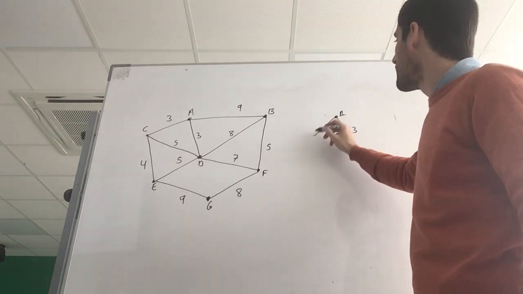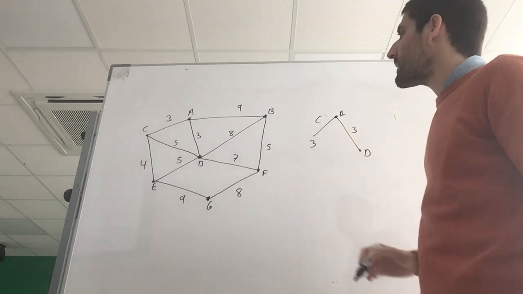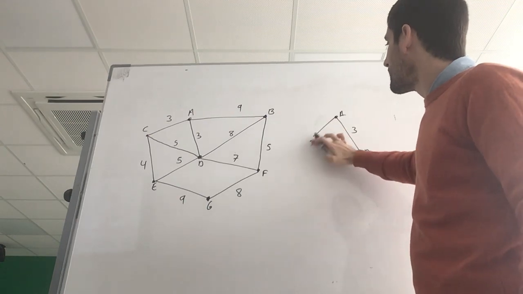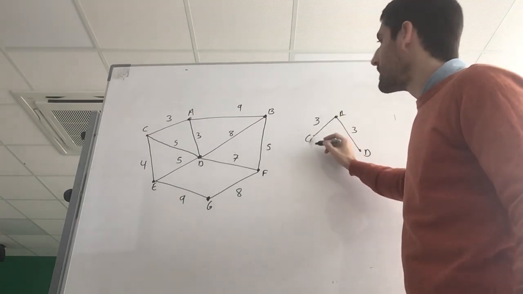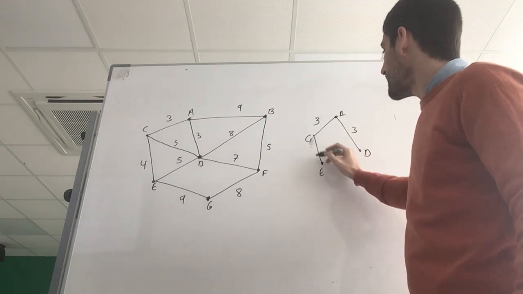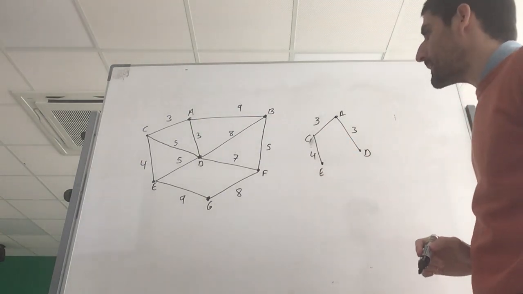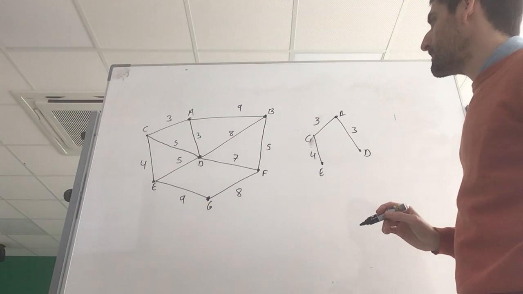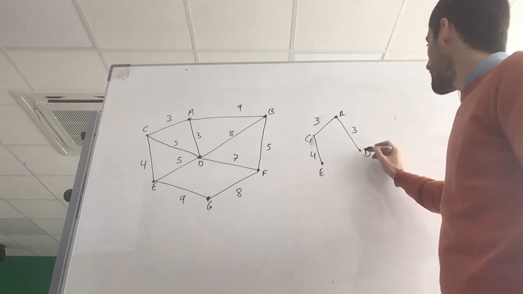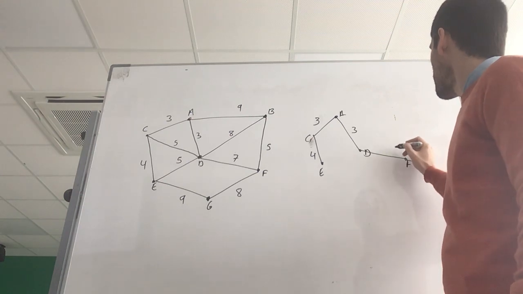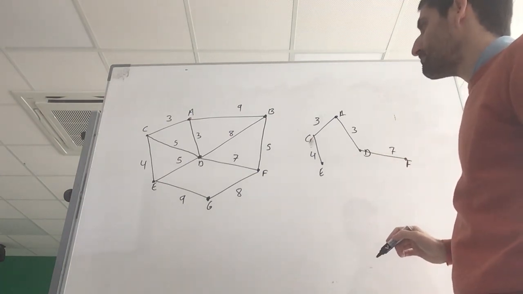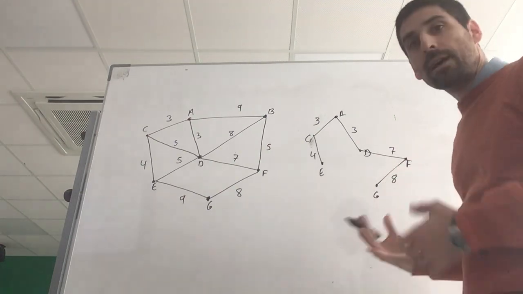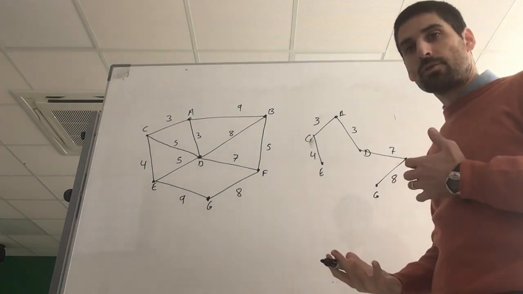I would have AC for 3. I would have 4, and then I will have D to F for 7, and then again F to G for 8. That would be my residual minimum spanning tree.